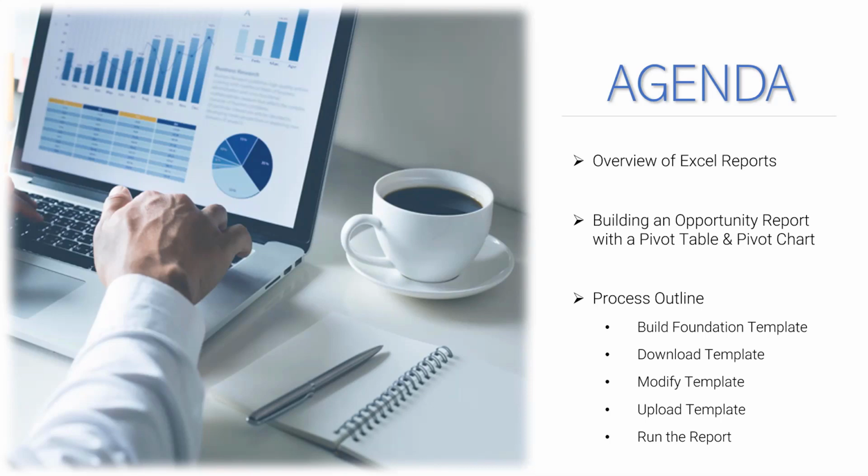Then you take that basic template that you've created, download it, then you can open it and do your modifications to add your pivot table, your pivot chart, your formulas that you might want to add, and you build that whole template and save it. Then you upload it to ClaritySoft and save it out there, and then you can run it.